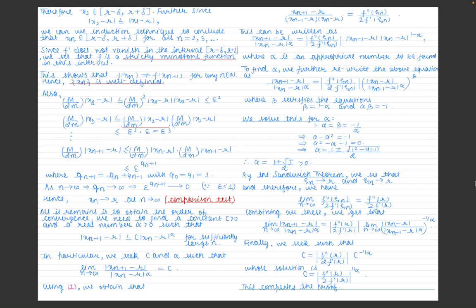Or another way it can be stated is, in particular, if you are able to find c and alpha such that the limit as n goes to infinity of |x_{n+1} - r| / |x_n - r|^alpha is c. So we need to find such alpha and c.